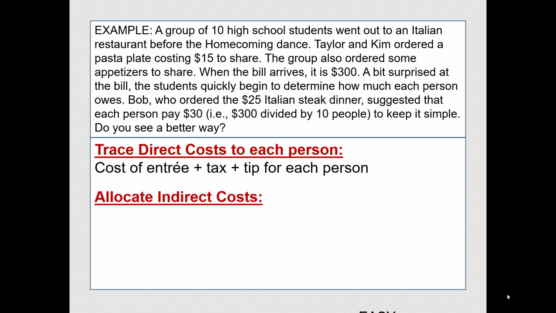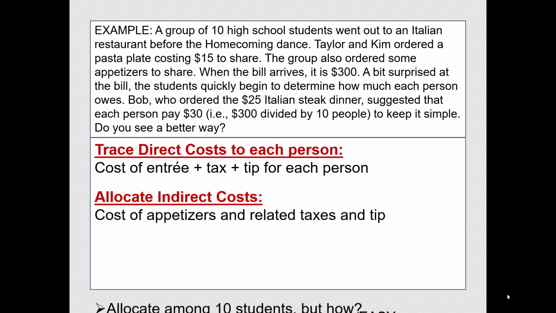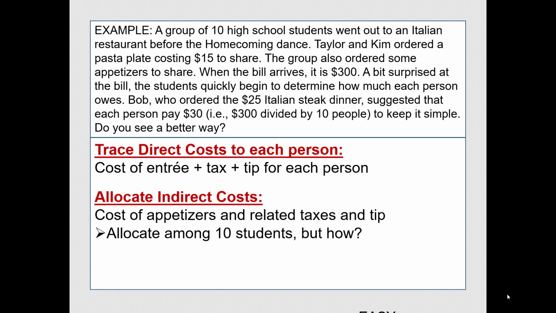The indirect cost, of course, that would be the cost of the appetizers and the related tax and tip. So you do need to allocate this among the 10 students. Well, you could do what's easy and base it on the number of people. You could say, well, we spent $50 on appetizers, so each of us owes $5.